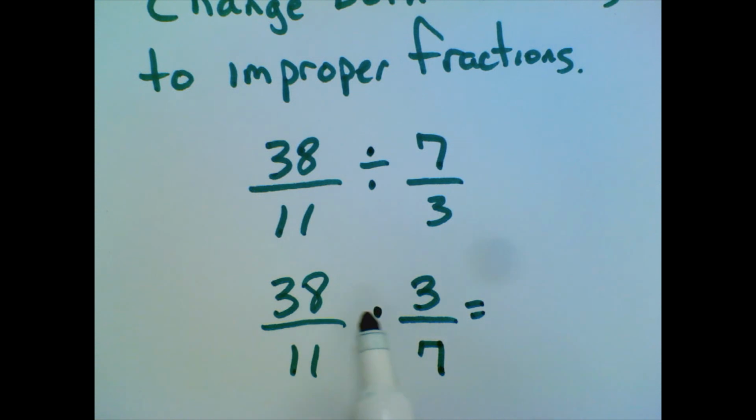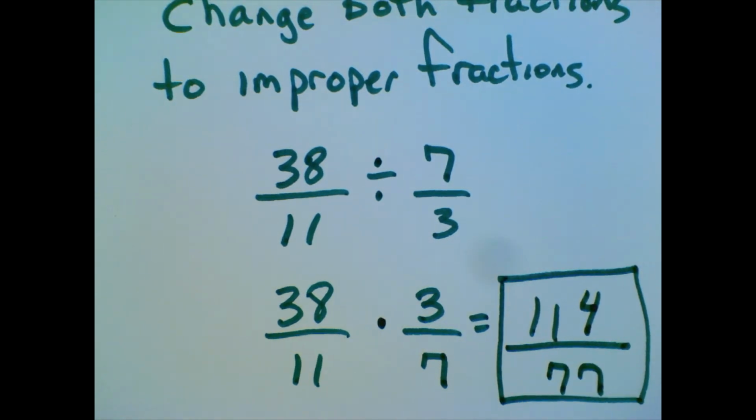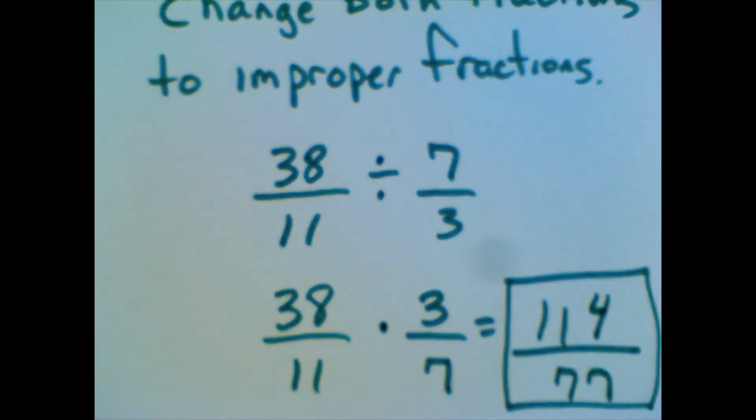Let's do this in our head. 8 times 3 is 24, so we'll have a 4 there and carry your 2. 3 times 3 is 9, plus that 2 we carried is 114, all over 11 times 7, which is 77. And we'll just leave our answer in the improper form this time. Okay, there's division in a nutshell.